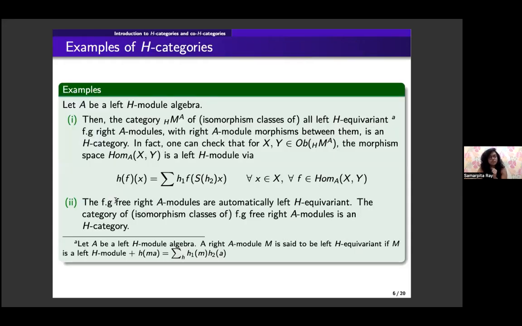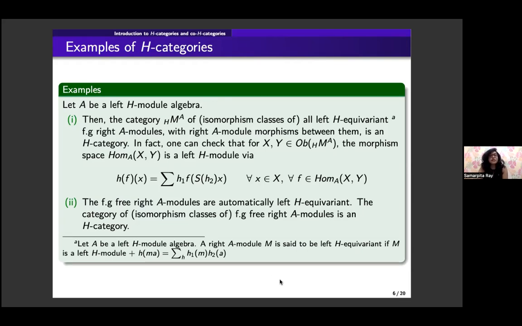Okay, some examples. If you start with any H module algebra, then all the H-equivariant right modules form an H category. Also, if you take the subcategory of finitely generated free right modules, they also form an H category.